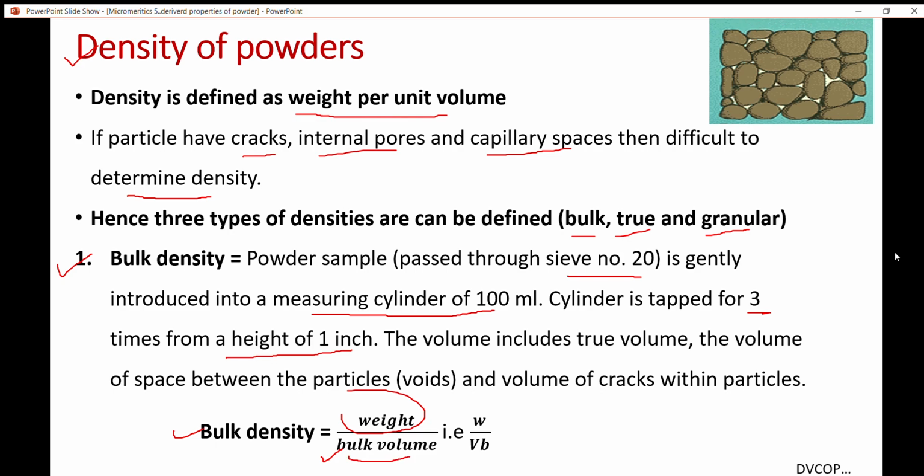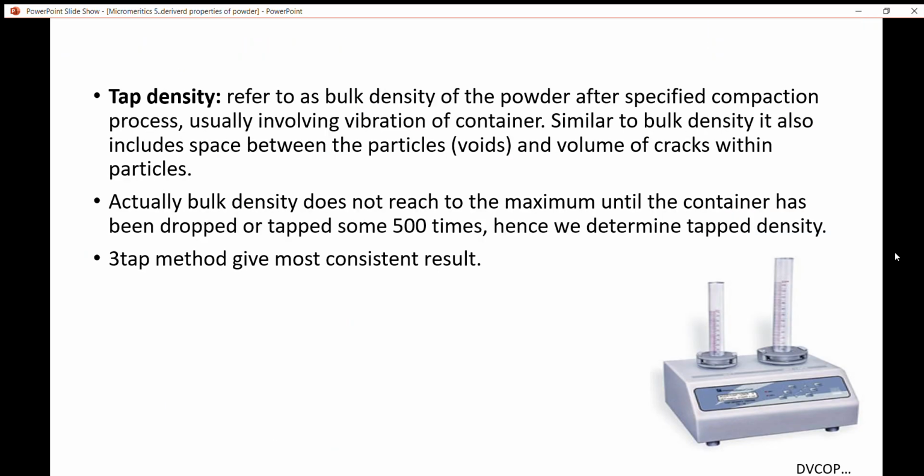This bulk volume includes the true volume, then the volume of spaces between the particles, that is the void, meaning the space present between the two particles, and the volume of cracks within the particles. Here you can see that this is the bulk density determination apparatus.